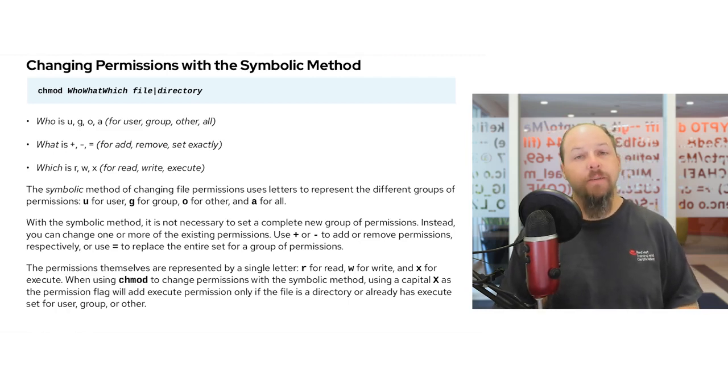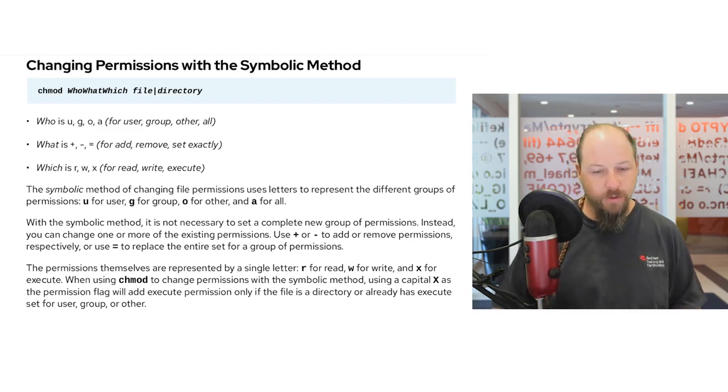When we wish to use the symbolic method of permission management and the chmod command to do so, we combine the UGOA, the symbol of plus, minus, and equals, and the permissions R, W, and X as fit for the files we wish to manage. A properly formed command would take the form shown here.